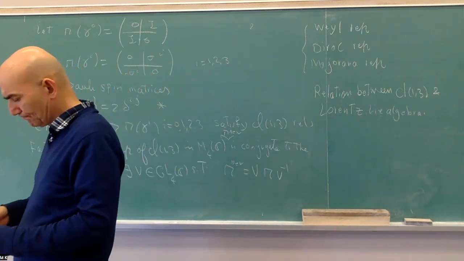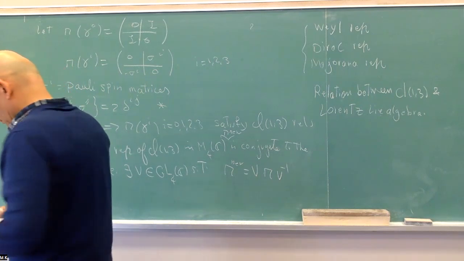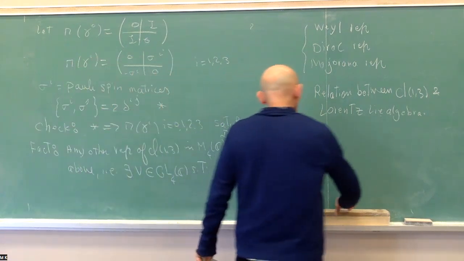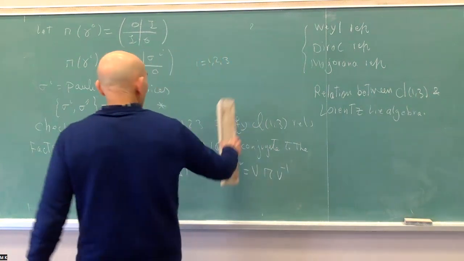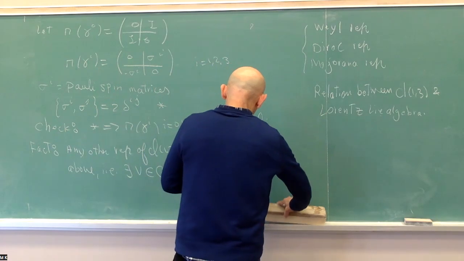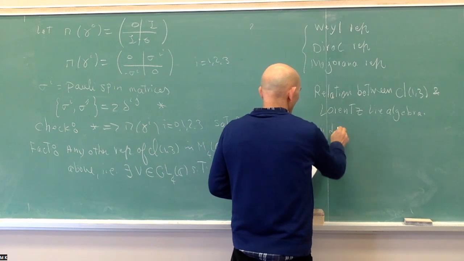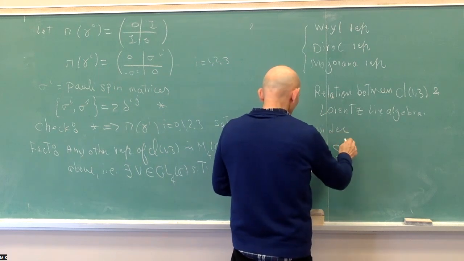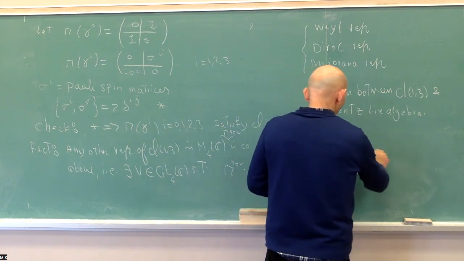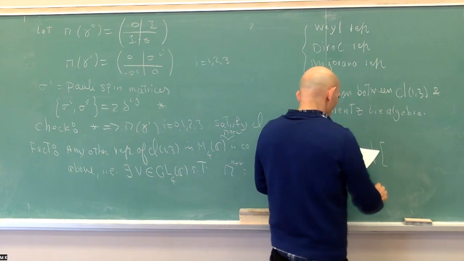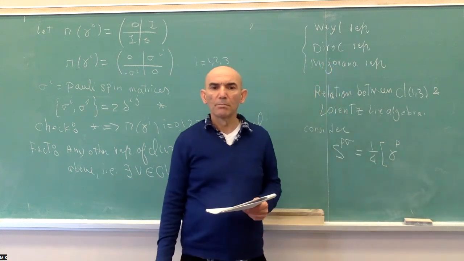Okay, so now using these Clifford generators, we introduce some new elements inside this Clifford algebra. So consider the elements S rho sigma equal to a quarter of the commutator of gamma rho and gamma sigma.